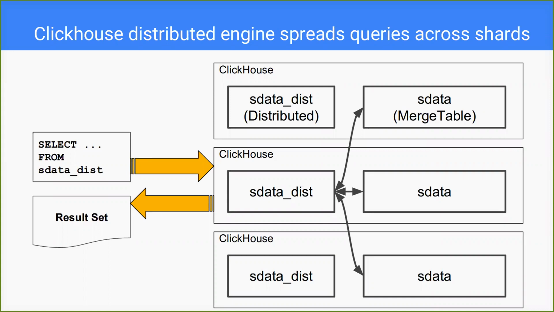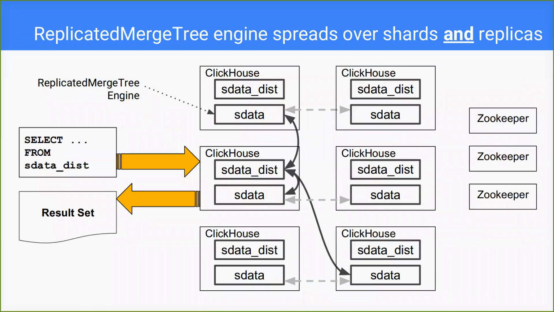The query comes in to this distributed table, and ClickHouse will break it up into pieces and send it out to each of the shards. In addition, if you are big enough that you have shards, you probably are big enough that you don't want to lose them. So there's another merge tree engine, called the replicated merge tree.